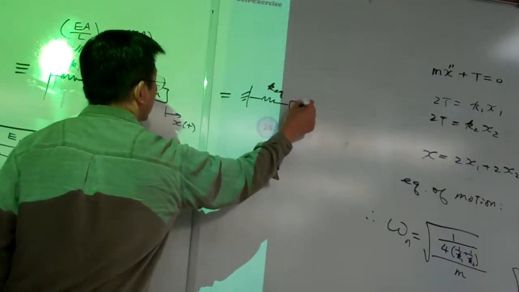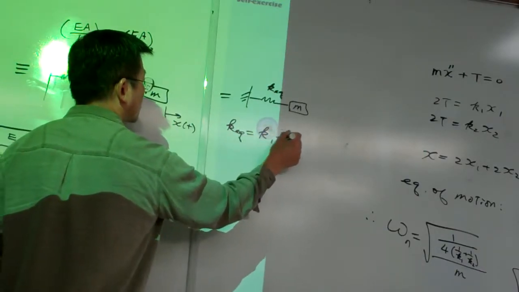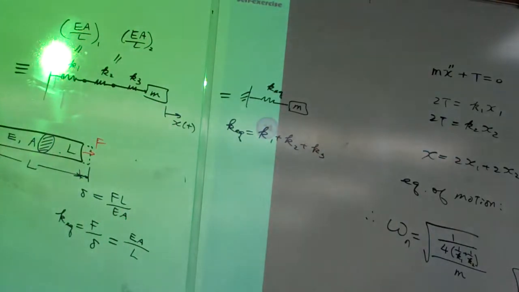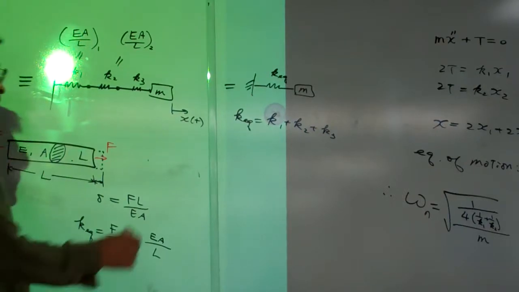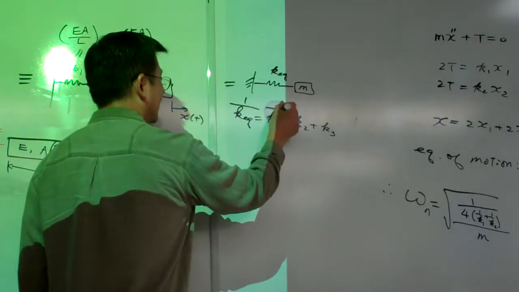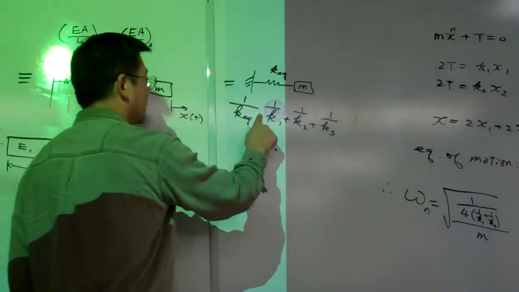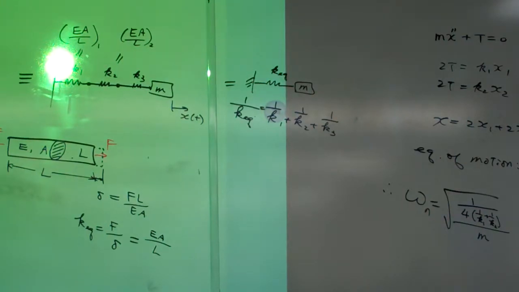And with the mass. So what is KEQ? KEQ equals K1 plus K2 plus K3. Am I right? Yeah, just testing it. Okay, that should be this one because they are in series connection.